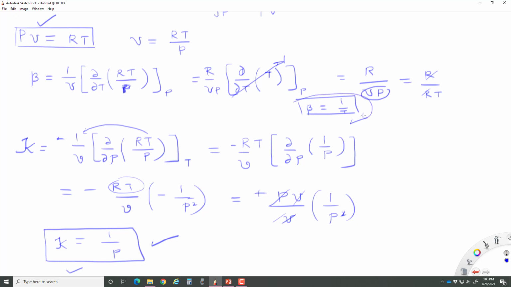Likewise, the higher the pressure, the lower the compressibility. That is, it gets harder and harder to compress an ideal gas as the pressure is increased. In the next lecture we will talk about the response of volume to temperature and pressure for solids and liquids. We talked about the ideal gas, but next time we'll talk about the same thing for solids and liquids. Okay, that's all for this lecture.